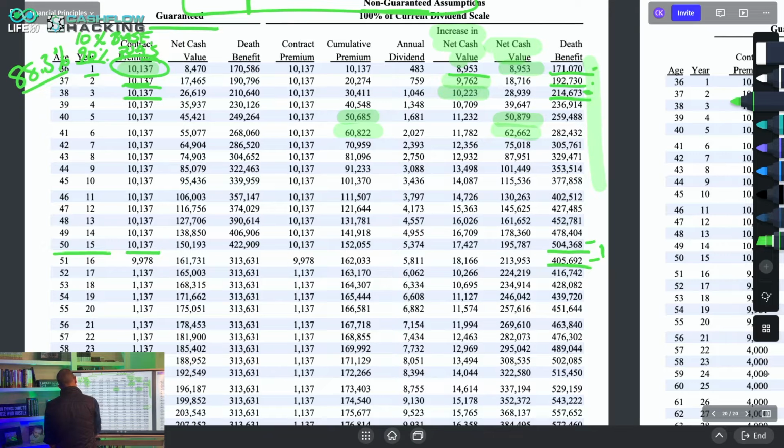But here's the problem. Because we are not able to have the term rider anymore, for full transparency, I could extend the term rider to 20 years. I could extend it to 30 years if I wanted to. It would allow me to extend this 137 all the way down.